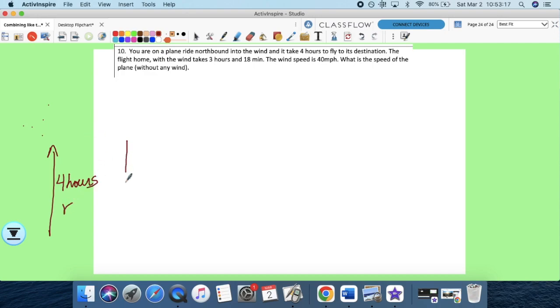But on the way back, it takes 3 hours and 18 over 60 minutes, which means we have a wind helping him. The wind speed is 40. So his total speed would be r, the speed of the airplane, plus the speed of the wind, combined.